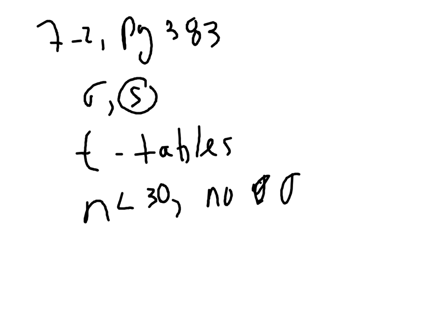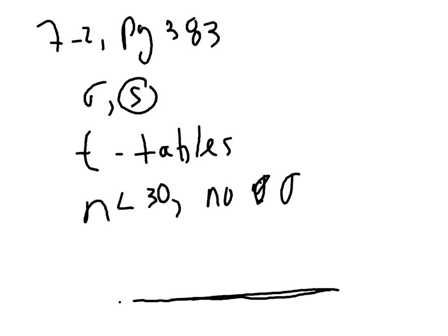But the t-tables are based on a set of curves that are derived from what's called the degree of freedom, and I'm just going to try to do a little sketch here, and it's based off the bottom of page 383, and then I'll just go to the formula.